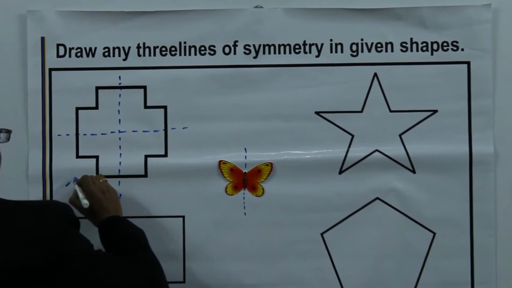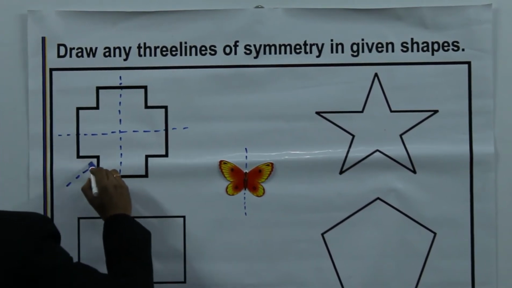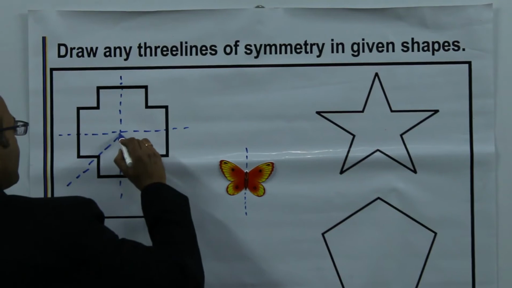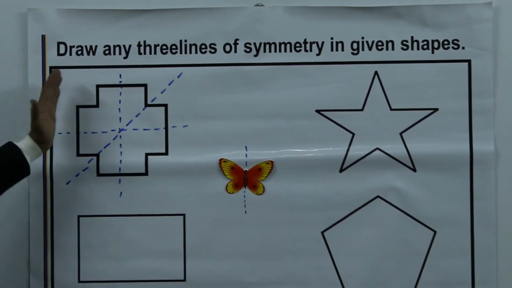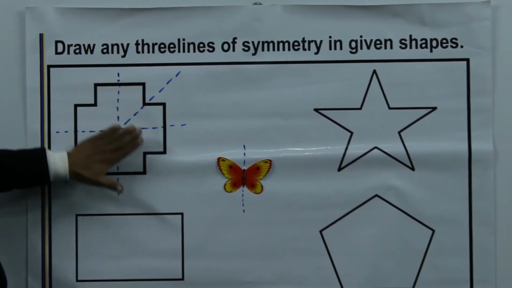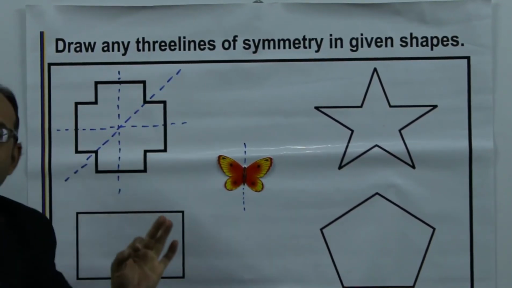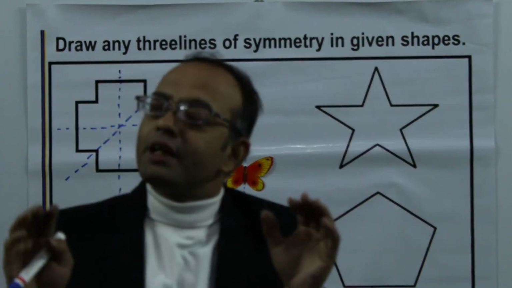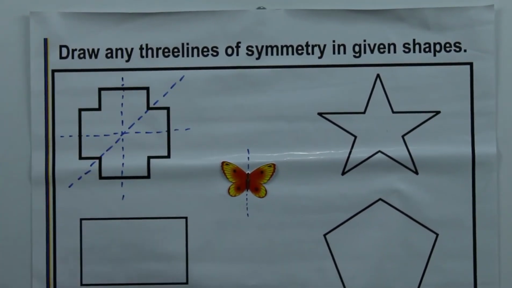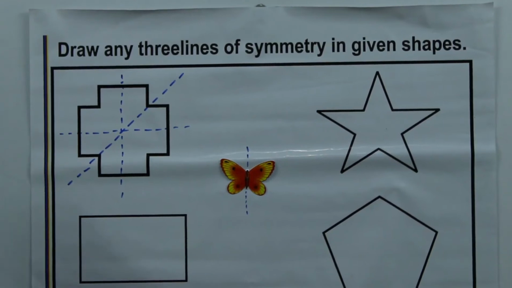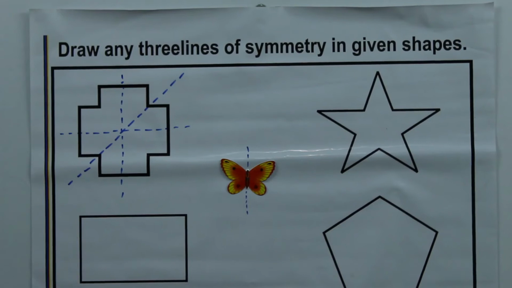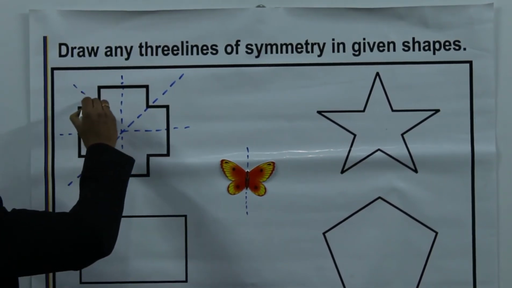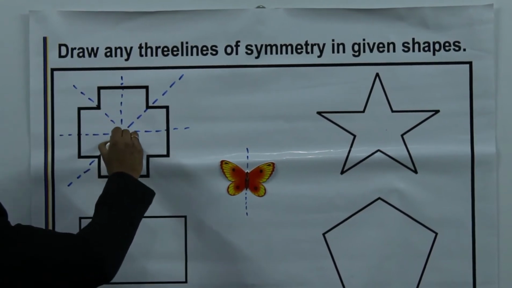Look at here, this line divides it into two equal parts. So this line is also a line of symmetry. One more line we can draw. How can we draw the line? Here. This line is also a line of symmetry.